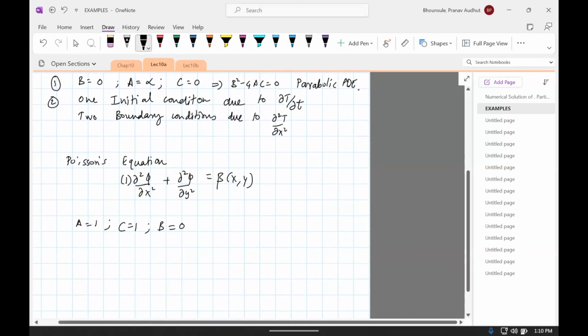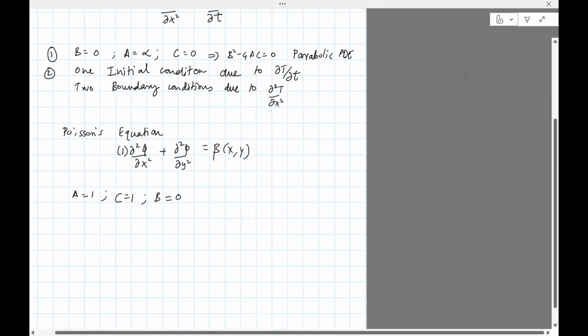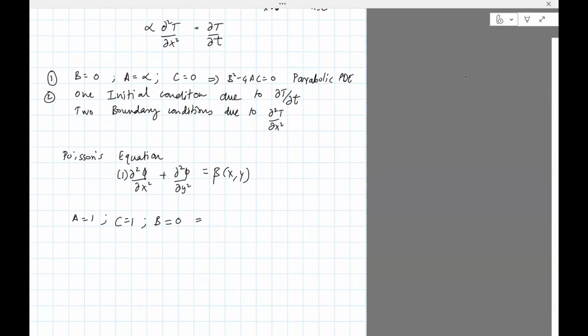Okay, so we can say that B square minus 4AC is equal to minus 4, right? So that would make it an elliptic PDE. Okay, and it will need four boundary conditions.